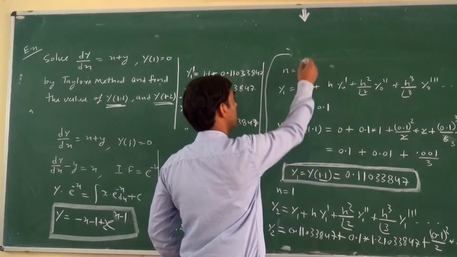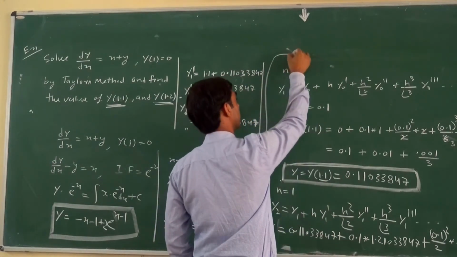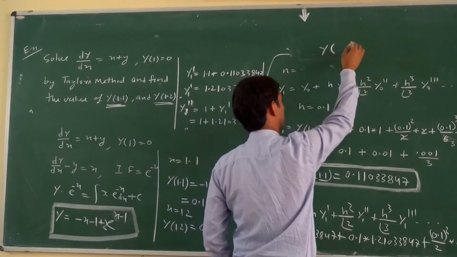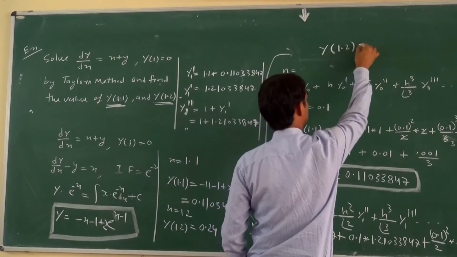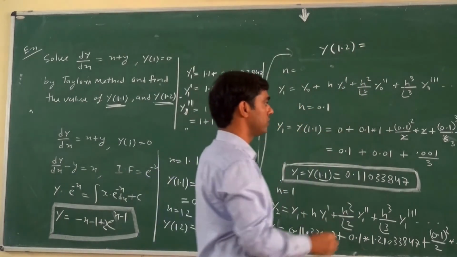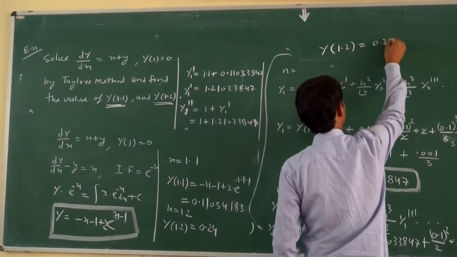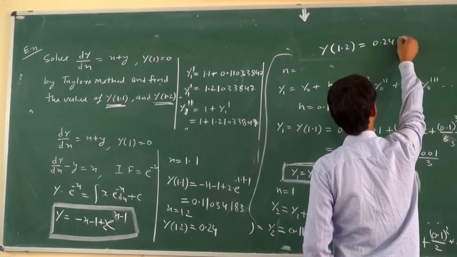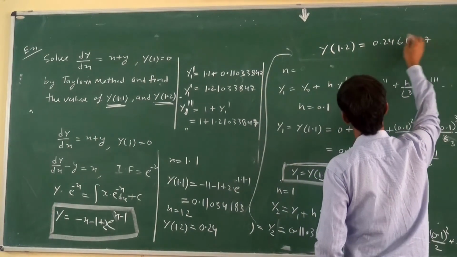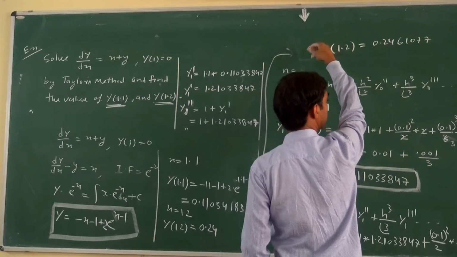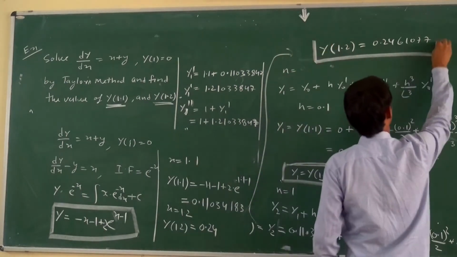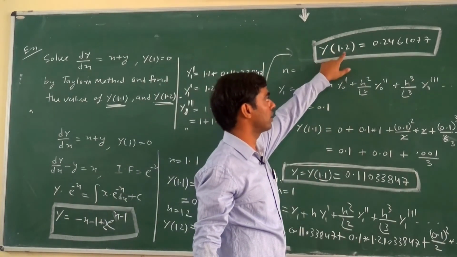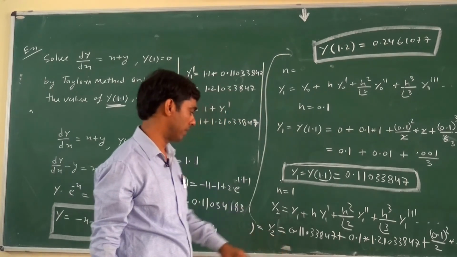The result is y1.2 equals 0.246107. This one is the value at 1.1, and this one is the value at 1.2 after simplification.